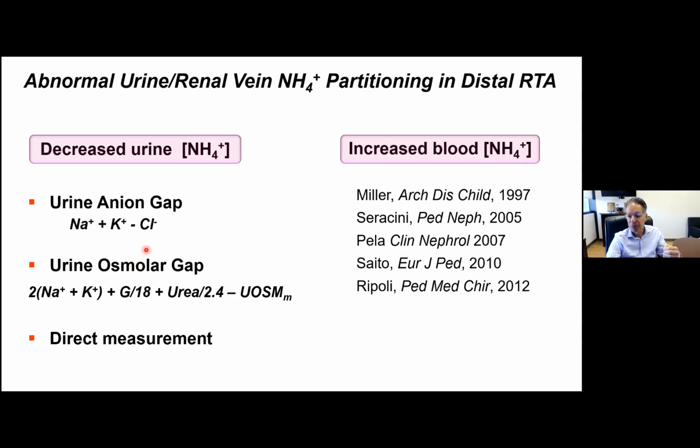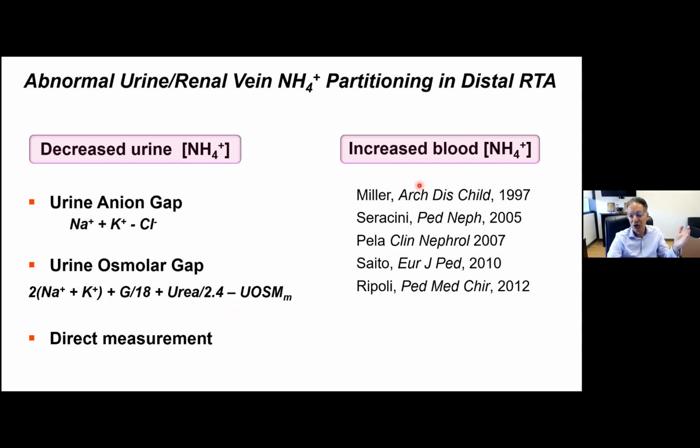But the other important point, which is basically totally unrecognized in the literature, and it's now in at least 5 different papers, is that not only is the urine ammonia low in distal RTA, but the blood ammonia is increased. And you just won't find this in any papers. You have to go to these separate case reports. And it makes perfect sense.